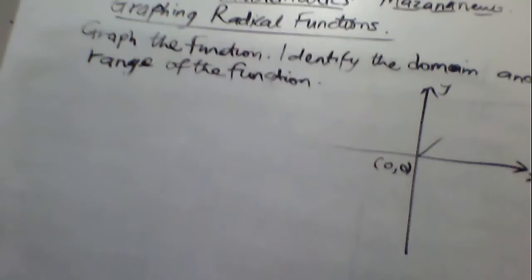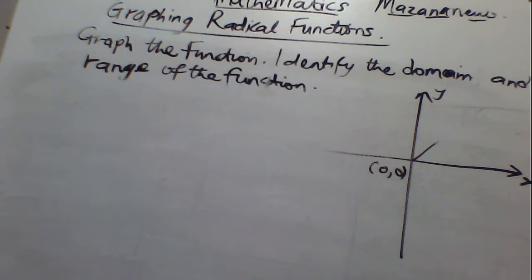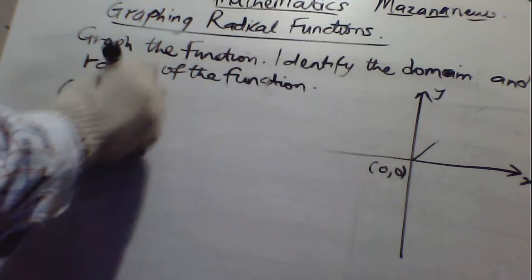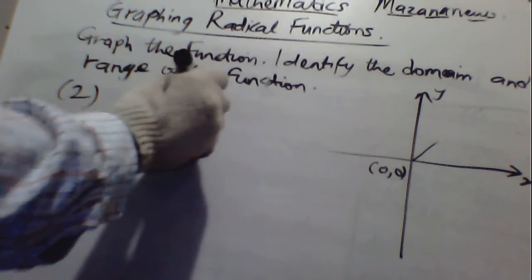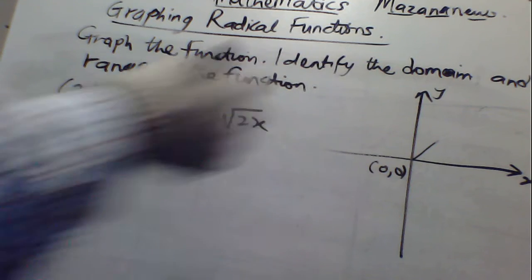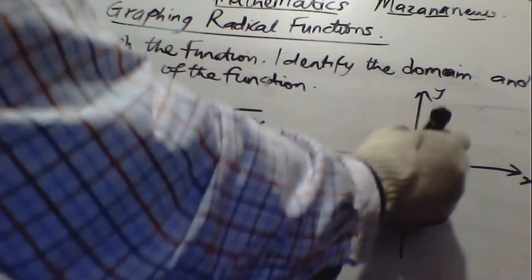Second question. Second example. If you are given g of x is equal to minus the square root of 2x, you are required to graph the function. You can still maintain this.